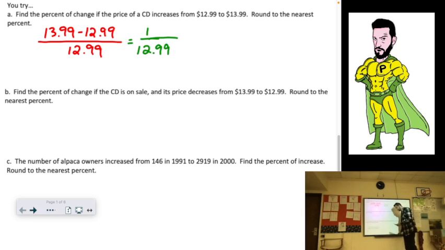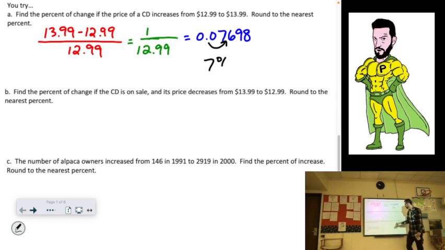Let's see what that decimal is. 1 divided by $12.99, 0.07698. Round to the nearest percent. So if we move the decimal 2 places, it becomes 7.6, which we would say is 7.6 would round up to 8%. 8% increase.